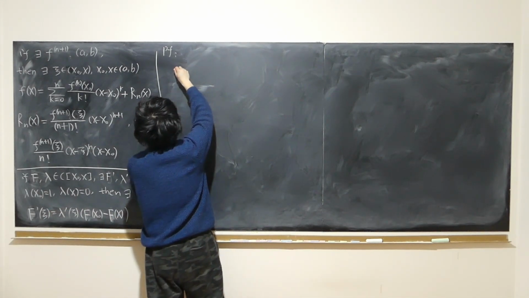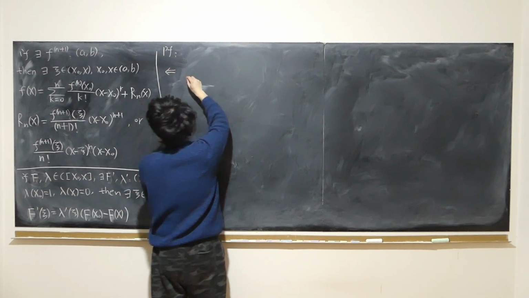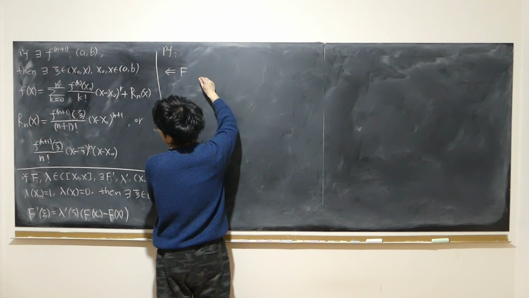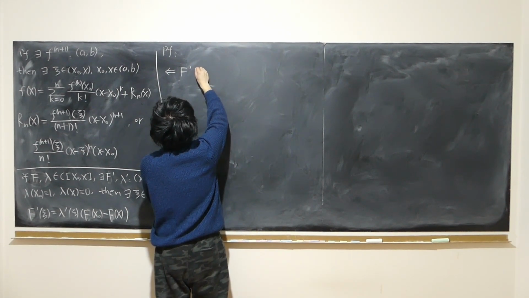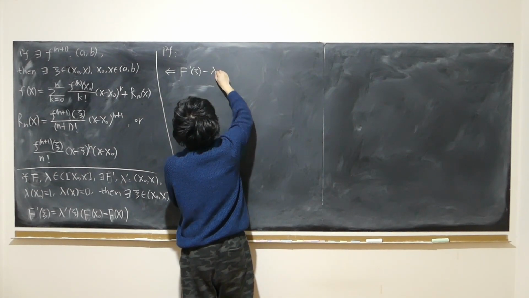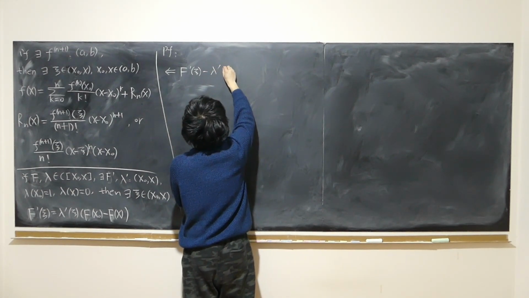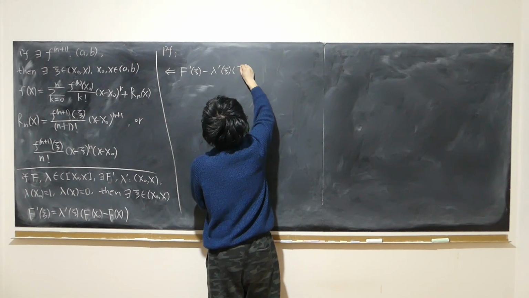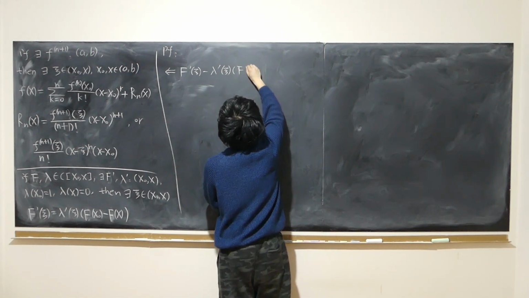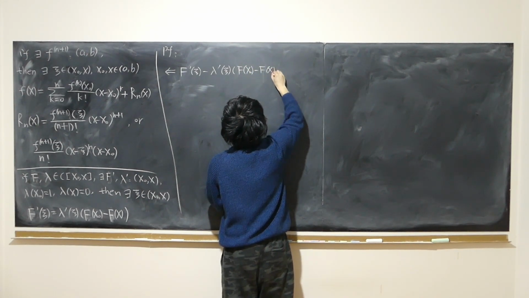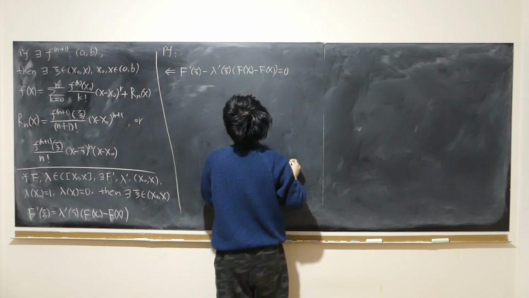All we have to do is prove that there exists a ξ so that f prime of ξ minus lambda prime of ξ times f of x naught minus f of x is equal to 0.